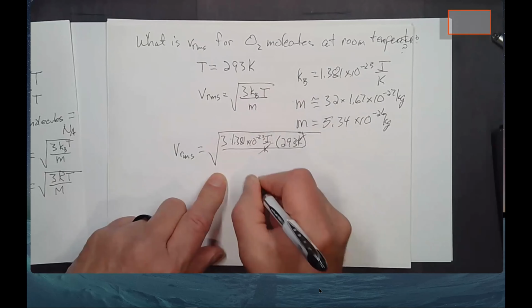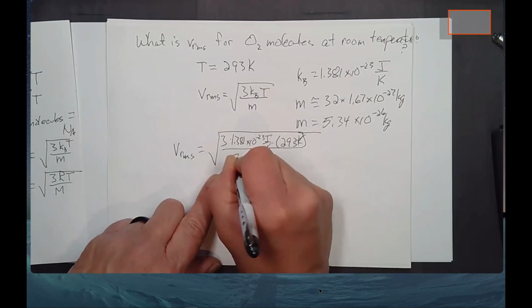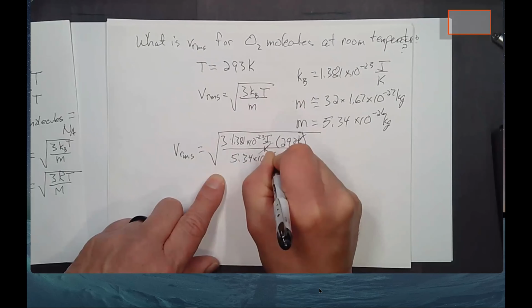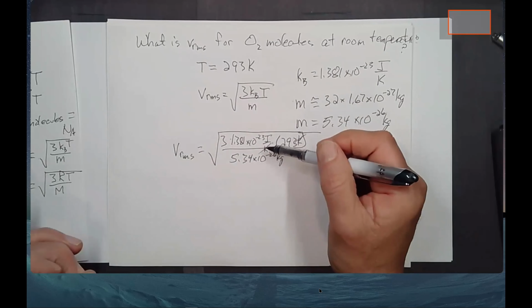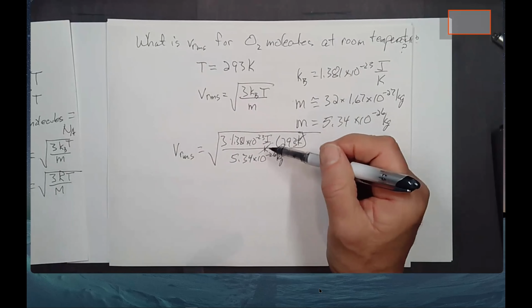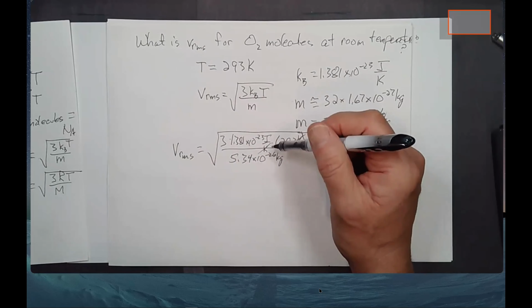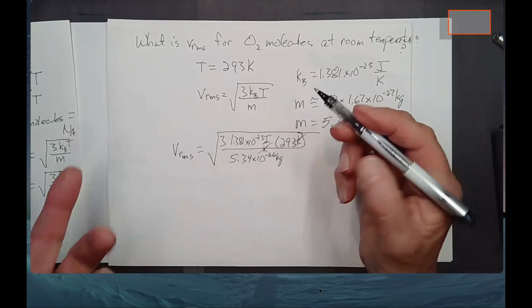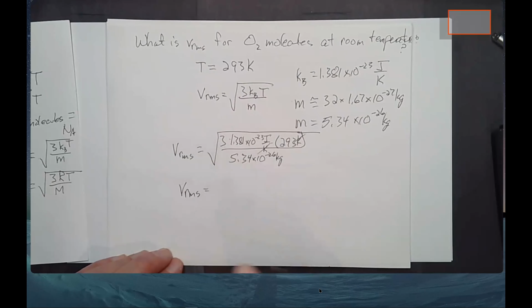I'll have joules divided by the mass of this thing, 5.34 times 10 to the minus 26 kilograms. Now, a joule is a kilogram meter squared per second squared. If I divide by kilograms, I'm left with meters squared per second squared, but I take the square root and get meters per second. So unit-wise, I'm in good shape.